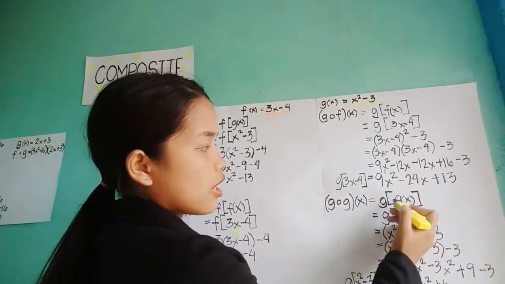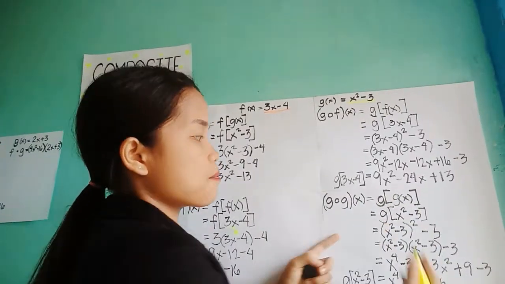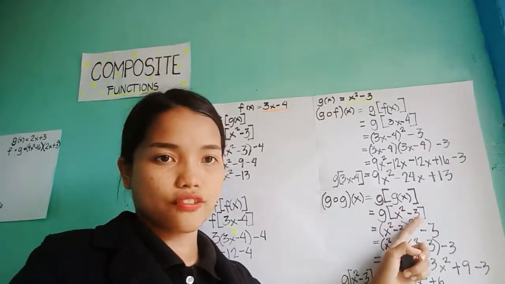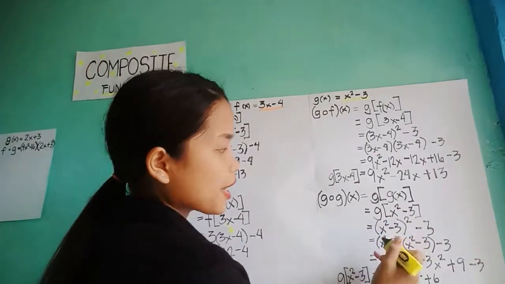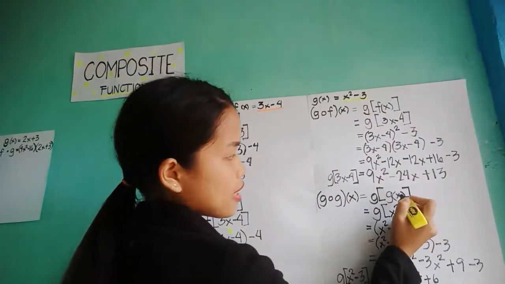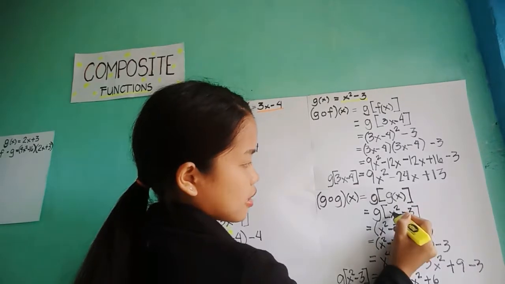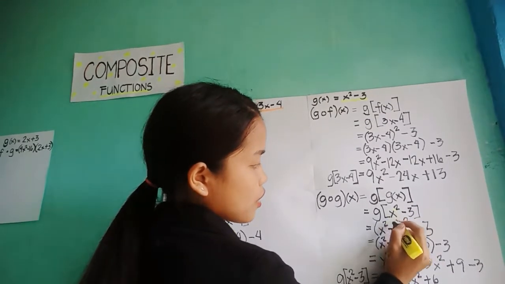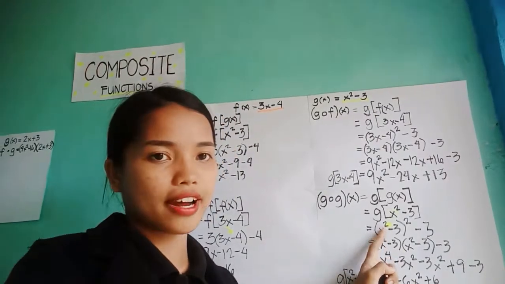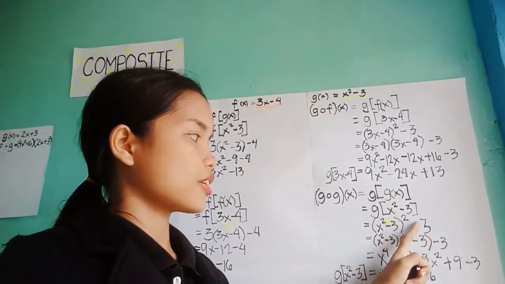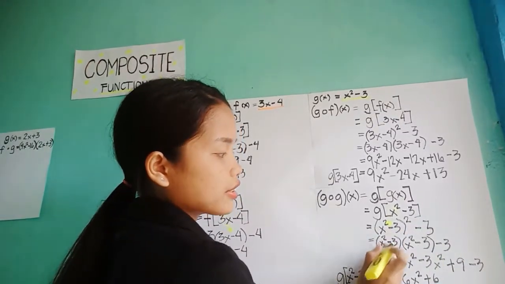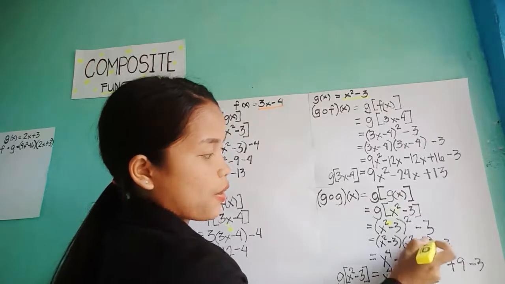The last is g composed of g of x. The value of g is x squared minus 3, and we replace the x with the value of g, so x squared minus 3 squared, and then minus 3. So x squared minus 3 times x squared minus 3.